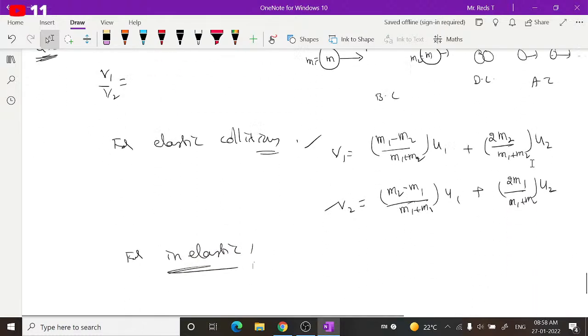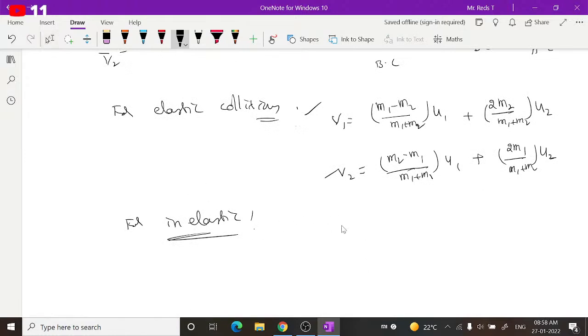In case of inelastic collision, we have to use the same procedure to derive this relation. In case of elastic collision, we have got v2 minus v1 equal to u1 minus u2. I said that ratio is called the coefficient of restitution.